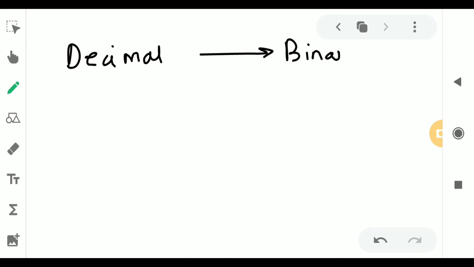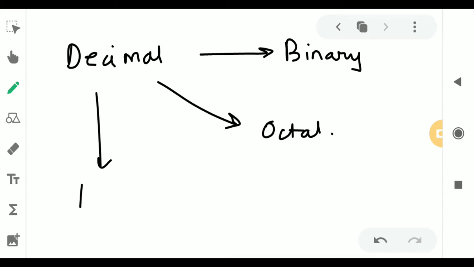If we have to convert decimal to binary, or decimal to octal, or decimal to hexadecimal, just do one thing.